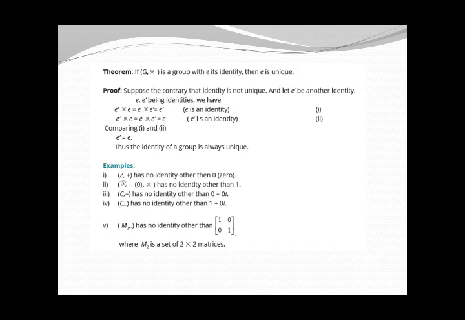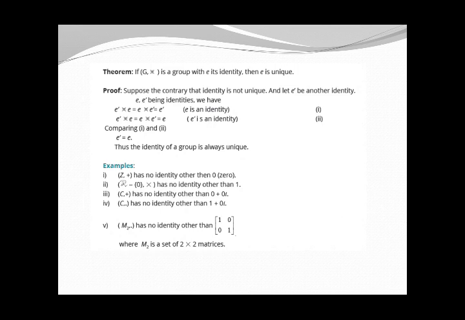Here is a theorem. G is any set, star is a binary operation, and G is a group with identity E, then we show that E is unique. In all sets, the identity is unique. Now here we have two identities, E and E dash, and we try to solve these.